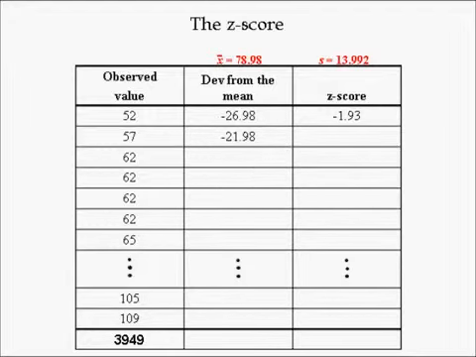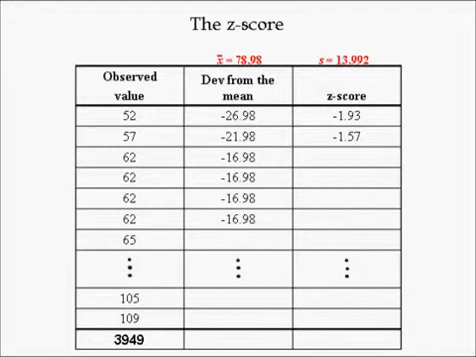This means the cost of the tune-up parts on the second invoice is $21.98 below average. Dividing the second deviation from the mean by the standard deviation, 13.992, yields a z-score equal to negative 1.57. Hence, $57 is 1.57 standard deviations below the mean.